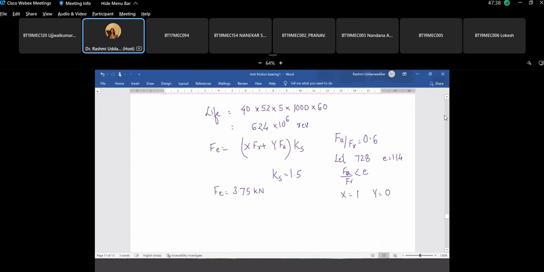We have to find the value of C, the dynamic load carrying capacity, which will be Fe into L in million revolutions raised to 1 by 3. So this is angular contact bearing. Fe is known, L is known. Give me the value of C.